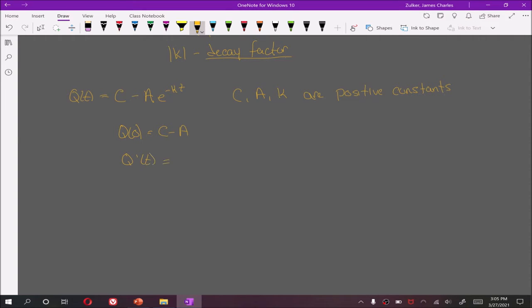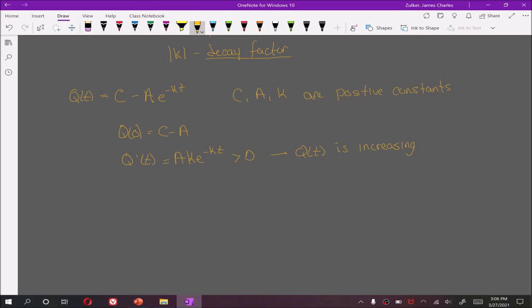Q prime of t would be a k e to the negative kt. This will always be greater than 0. Okay? And so this means that Q of t is increasing. So we have an initial value of c minus a. We also know that Q is strictly increasing.